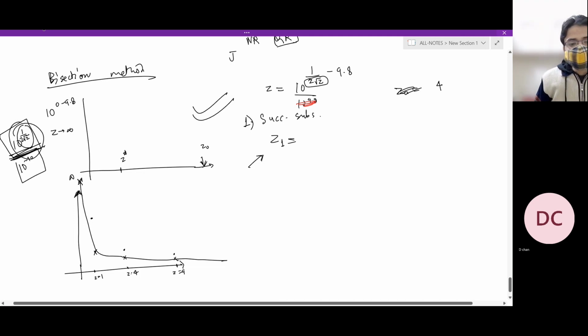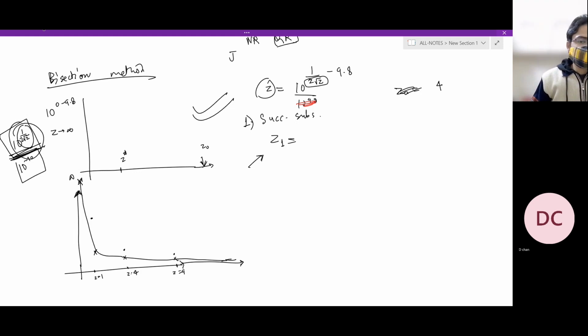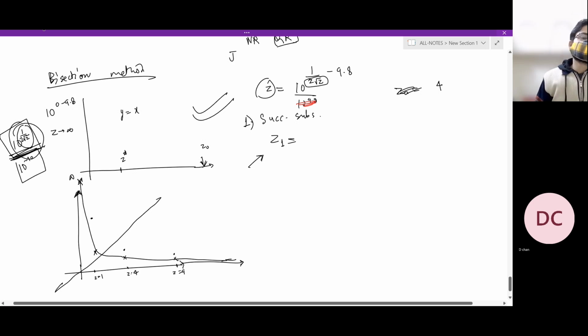So this becomes really, really close to 0, but not exactly 0. On the left-hand side, let's say y equal to x. That looks something like this. Both of these curves intersect at a certain point, and that is lying between z equals 0 and z equals 1.